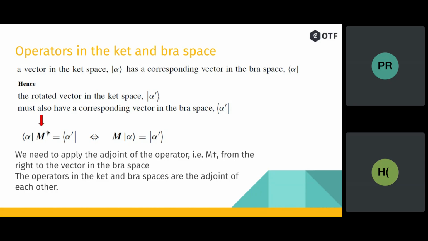The corresponding vectors are maintained, but because it is in the adjoint space, the adjoint operator applies here. The adjoint of a matrix, which we saw earlier, is what is applied here, so that they are in a similar space, and at the same time they produce the same result.